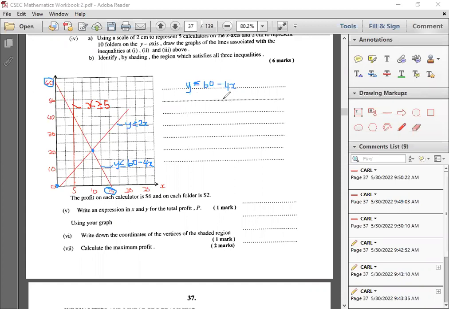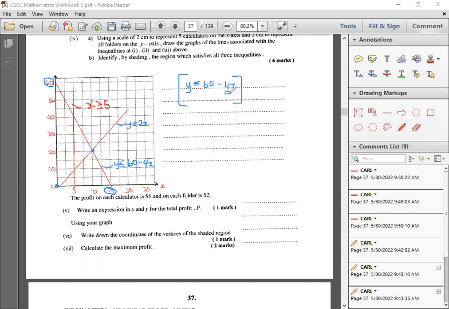You have to try to minimize the length of time that you use to work these things in the exam. Remember, you have 2 hours and 40 minutes to do it. Here's a little trick. When I put x equal to 0, I get 60. If I put y equal to 0, then this 4 is going to divide this 60, and so I get 15.